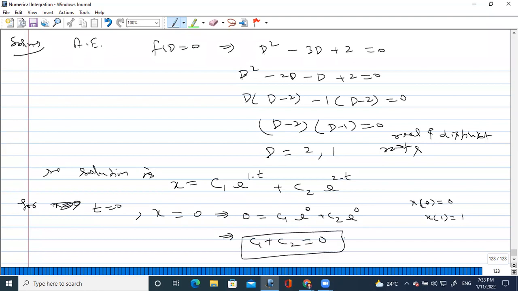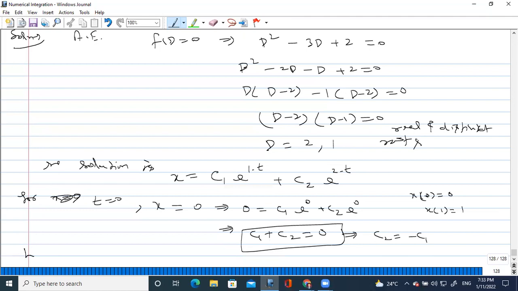So this is one equation. Or you can replace C2 with minus C1. Hence x will become C1 e to the power t minus C1 e to the power 2t. So only one constant is left now: C1 times (e to the power t minus e to the power 2t). So this is my x.